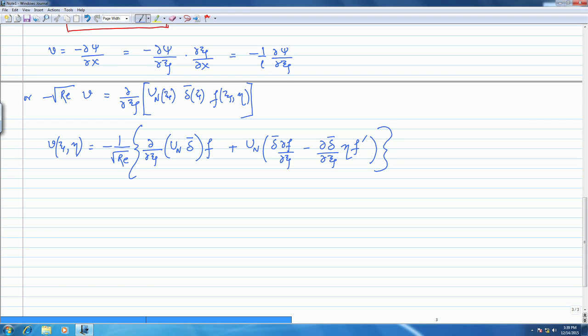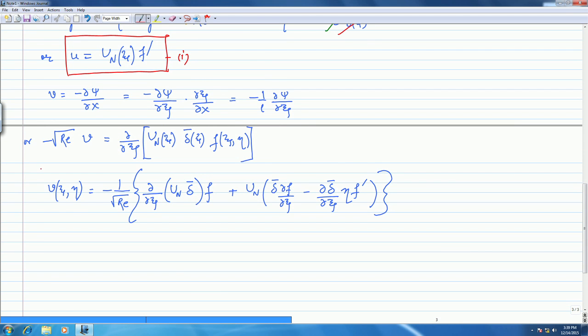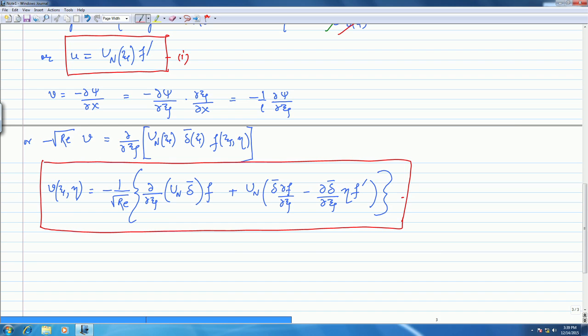Okay, so we get that. Like I said, I will post the solution, the working out of the right hand side. What I'm going to do now is, since we have u and v in 1 and 2, we're going to use these in the boundary layer equations.